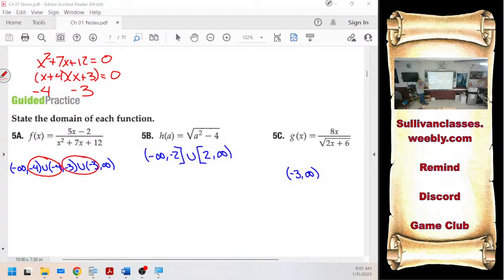Because I have to exclude just that value. As a number line, this is all the way to -4, all the way to -3, off to infinity. I'm just excluding those 2. But when you exclude multiple values like this, sometimes you're going to get a whole bunch of unions. It's one of the few cases where set builder notation might have actually been faster.